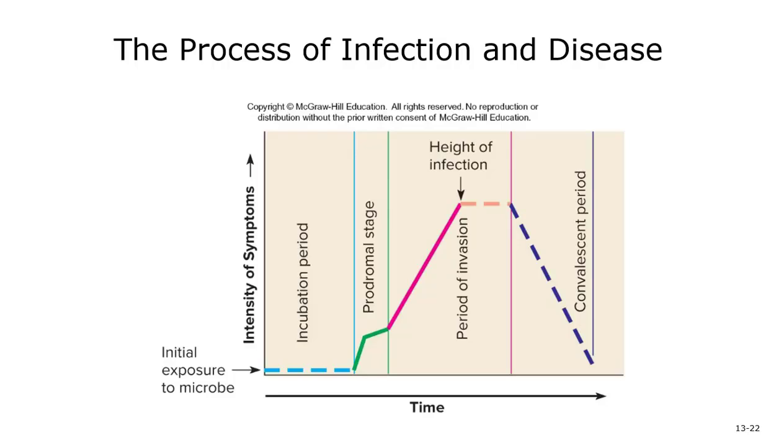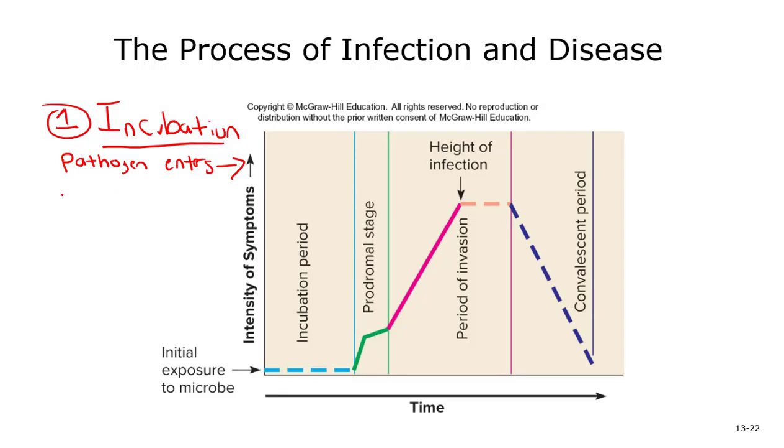During an infection, there are four stages that the host experiences. The first stage is the incubation period. This is the time from when the pathogen first enters until the host is experiencing signs of an illness. During this time, the host doesn't even know they're sick yet because the pathogen is preparing to start the infection.